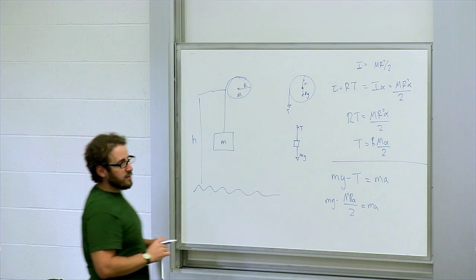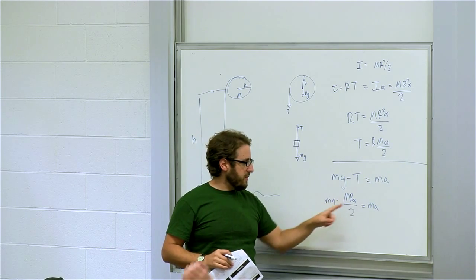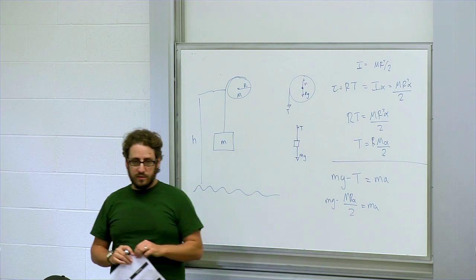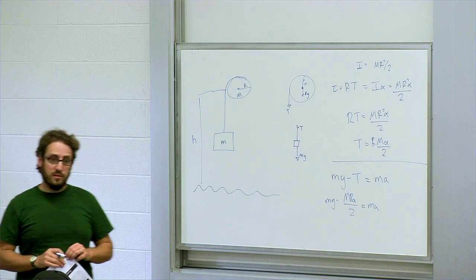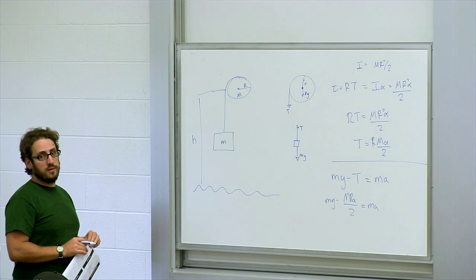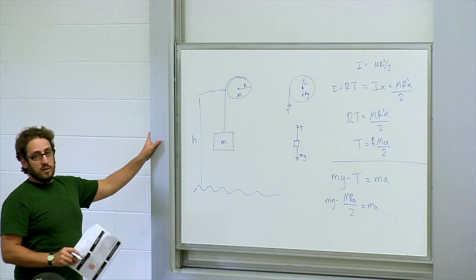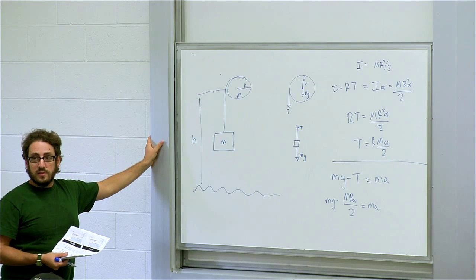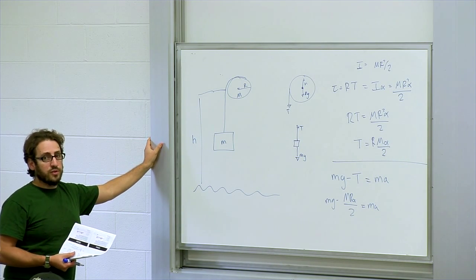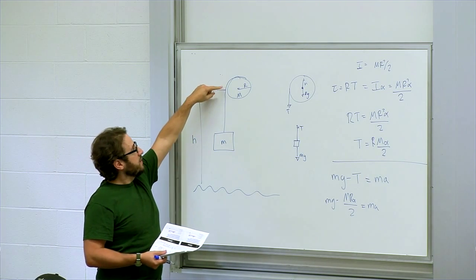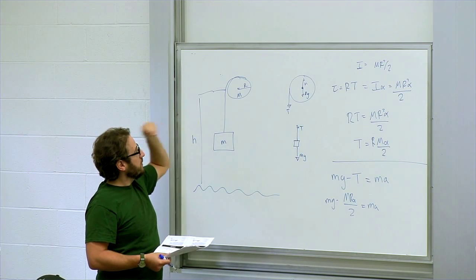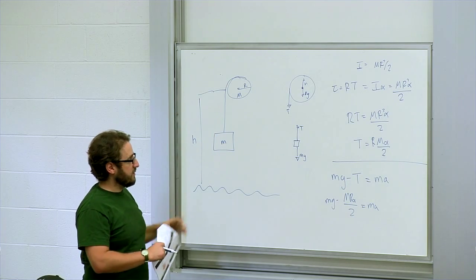Okay, but we're back to the same problem. What do we do with this alpha and this A? Is the tangential acceleration going to be the same as the acceleration of the mass, because they're connected by the rope? The rope has a single value of its acceleration, right? It doesn't stretch, it doesn't pull, it doesn't squish. So the tangential acceleration here is going to be equal to the acceleration of the mass, right?